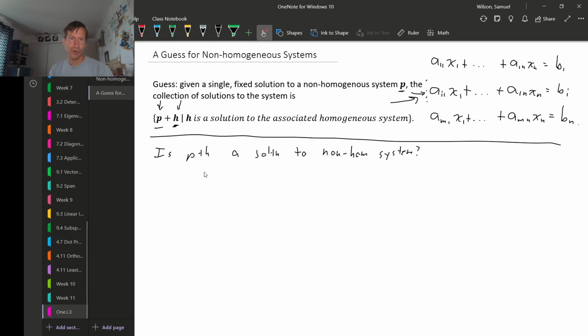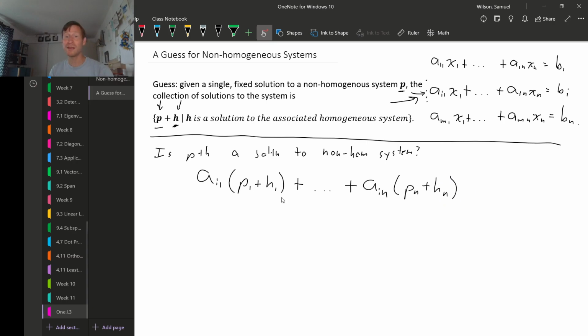All right, so let's take the entries for p plus h and plug them into this equation. So we get ai1 times the first entry of p plus h, but the first entry of p plus h is the first entry of p plus the first entry of h, plus, and so on, down to ain times the last entry of p plus h, but that's the last entry of p, p sub n, plus the last entry of h, which is h sub n.